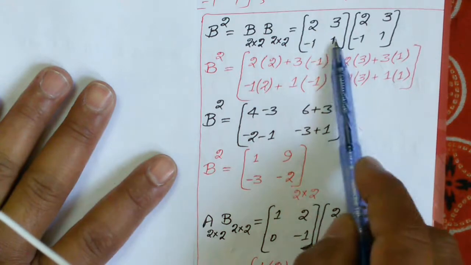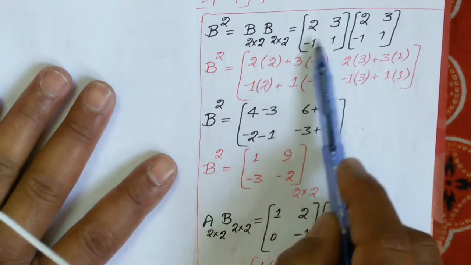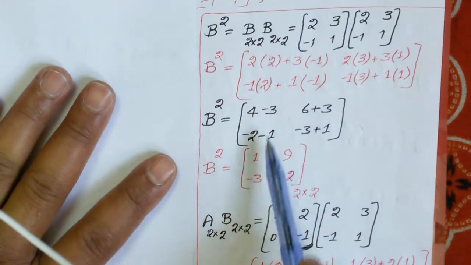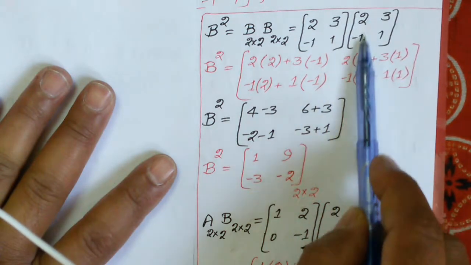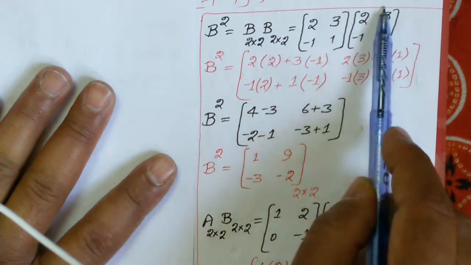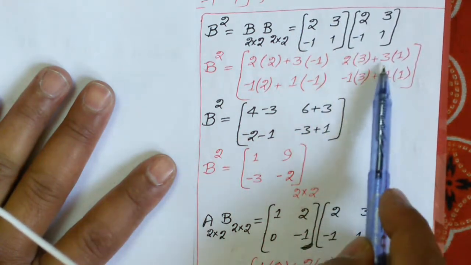Multiply the matrix B with itself. Row first, column first: 2 multiplied by 2 plus 3 multiplied by minus 1, 4 minus 3, 1. Multiply first row with second column. 2 multiplied by 3 plus 3 multiplied by 1.